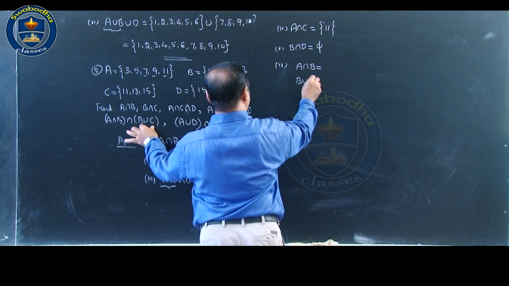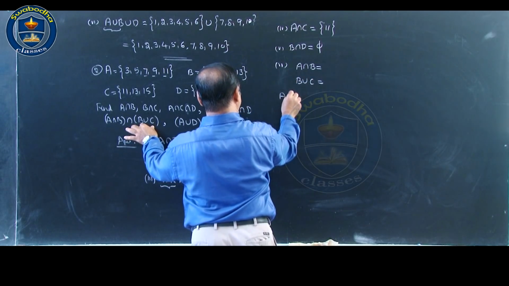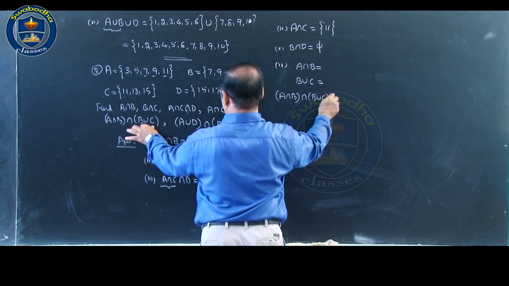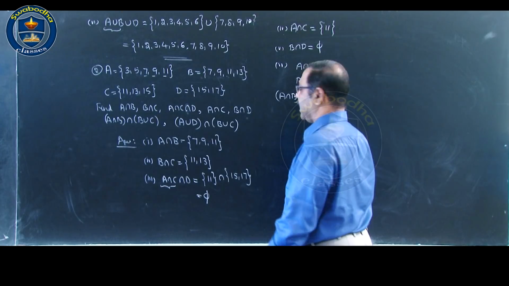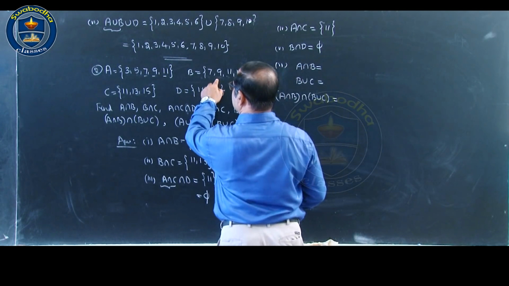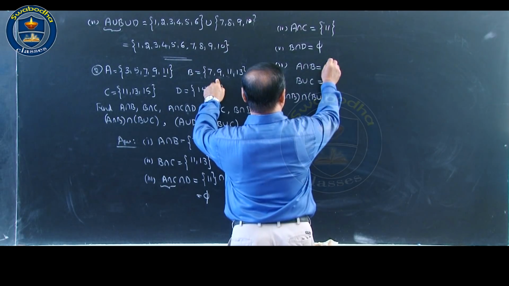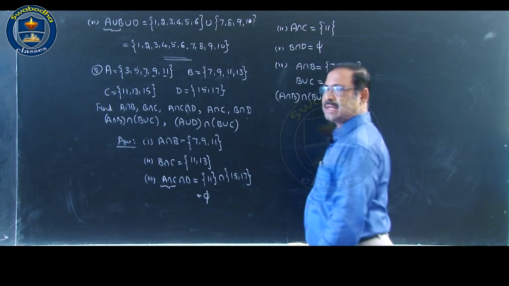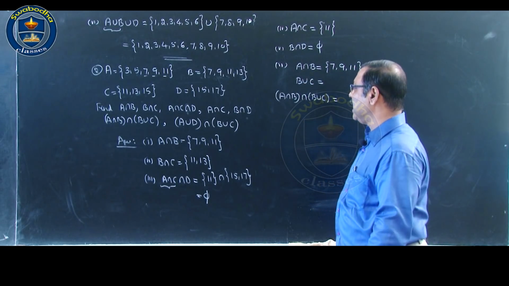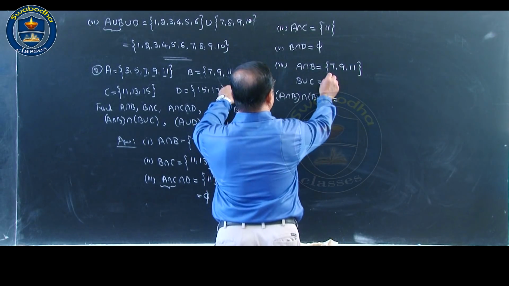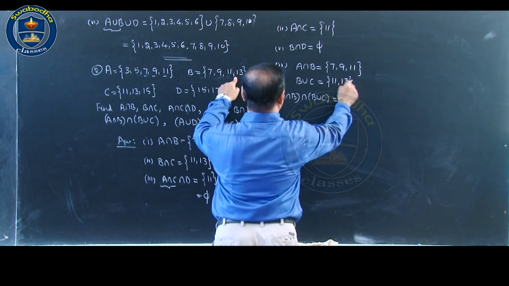Then for this one, first we write A intersection B, then B intersection C, then A intersection B intersection B union C. First, A intersection B is 7, 9, 11. And what is B intersection C? 11, 13.